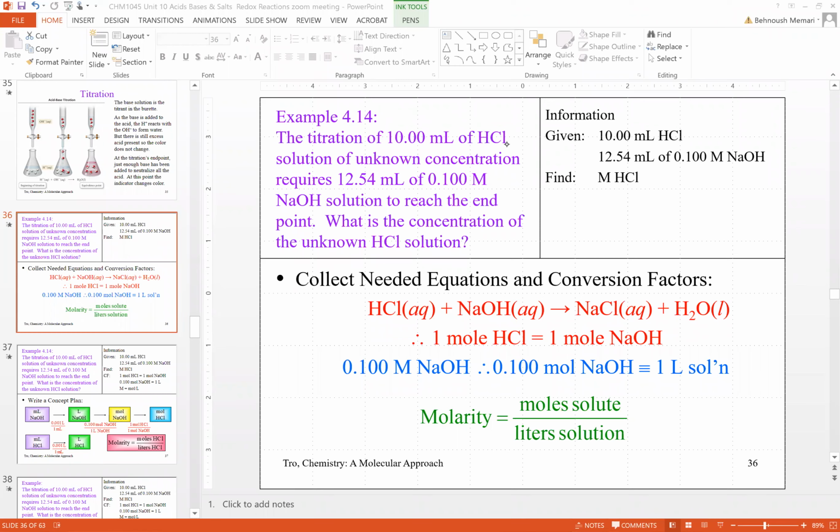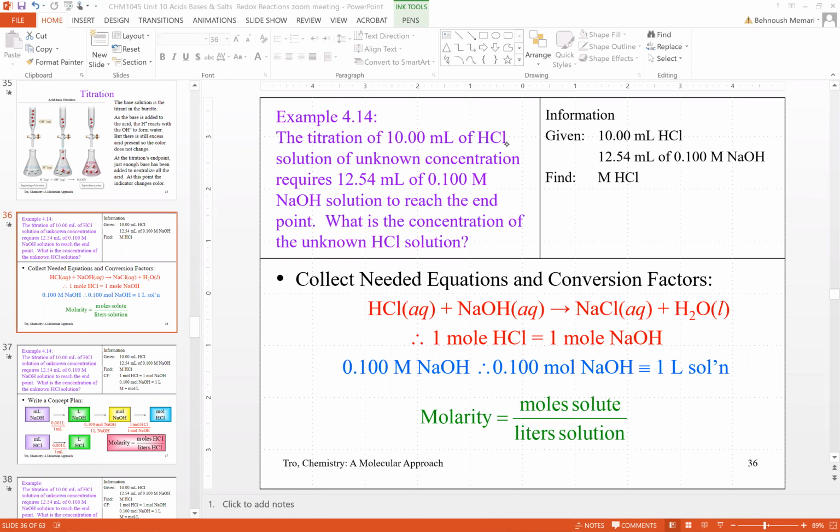When you are using two aqueous solutions, the one that has both concentration and volume is your given. The one that is missing concentration, or is missing volume, is the unknown. Both concentration and volume need to be known in order to consider a compound the given.